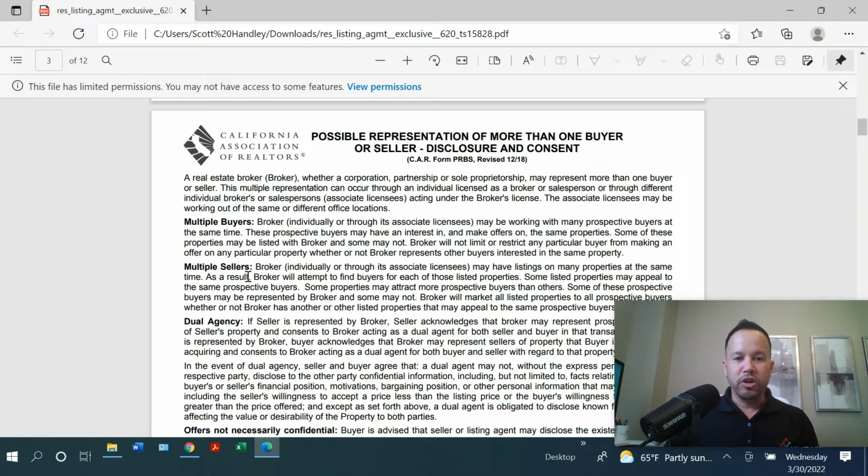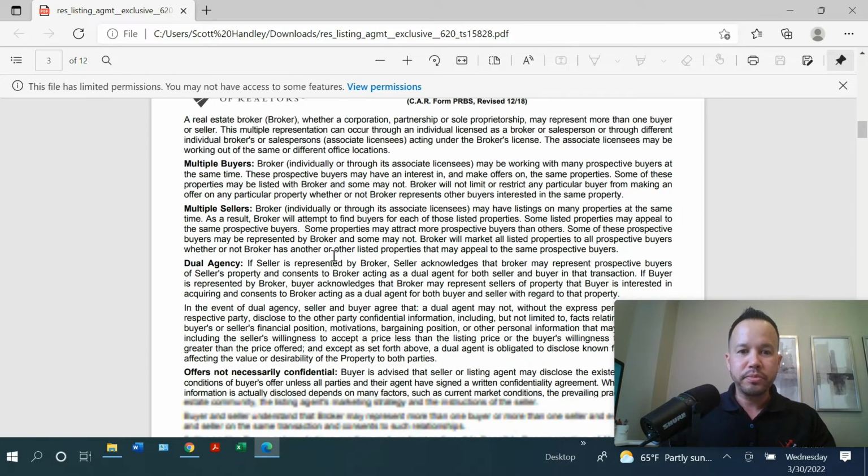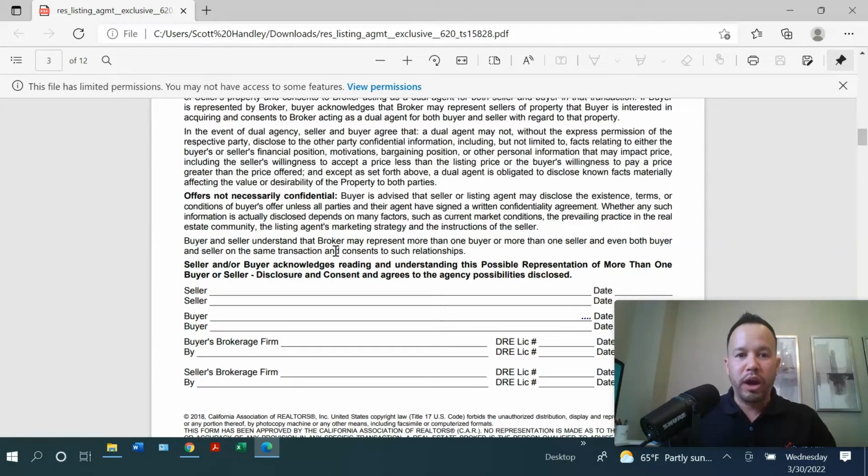So this gives you authorization to represent as a dual agency, or if there are multiple buyers or multiple sellers. This form will also require the seller's signature, the buyer's signature, and both agents' signatures as well.